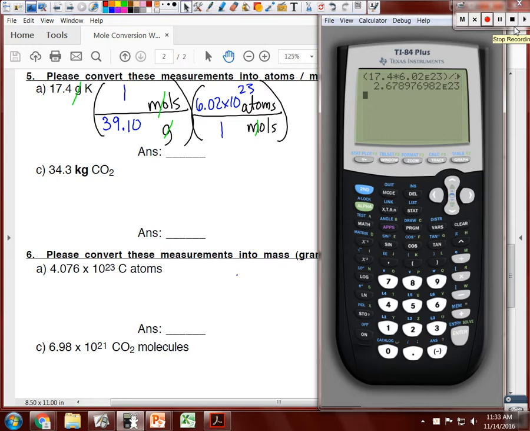And why do you have to put in parentheses? Order of operations. If you do it in the incorrect order, it may throw your answer off because of order of operations. And do you agree that these two things are on top? Let's keep them together.